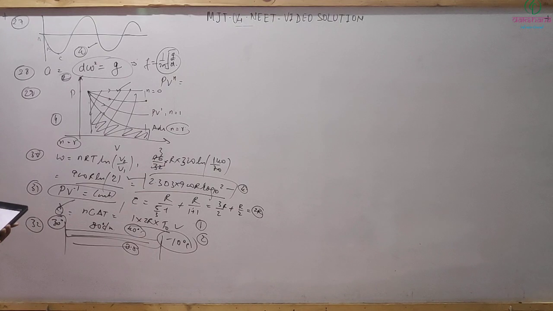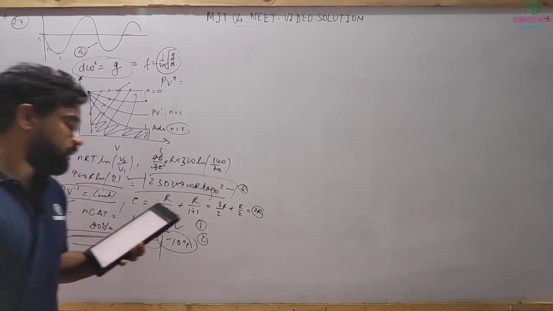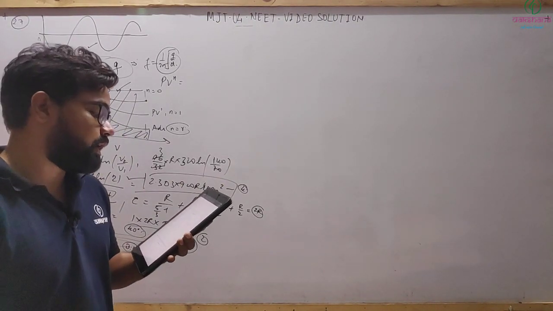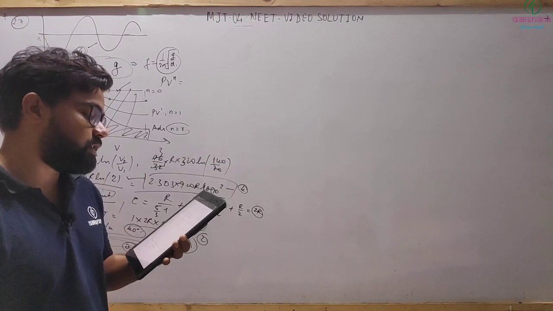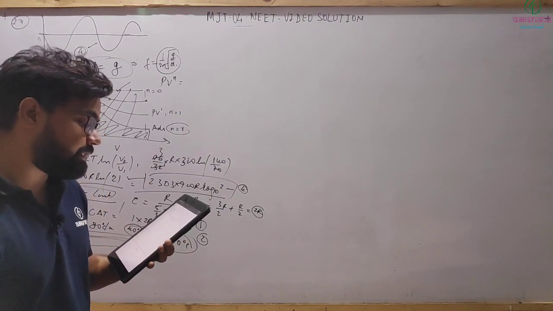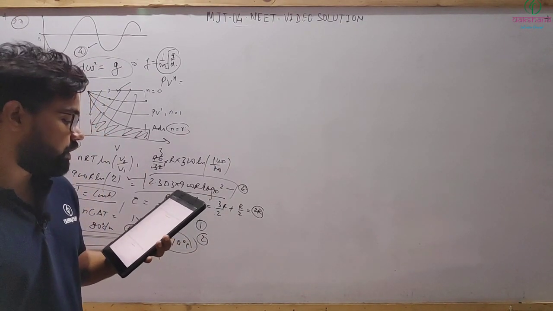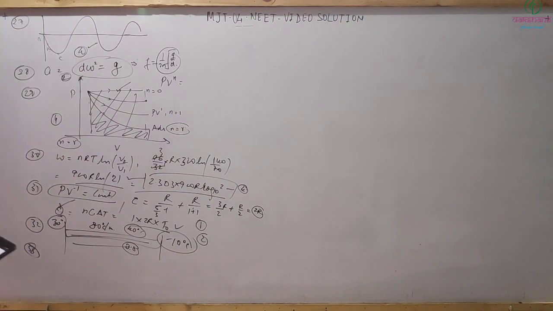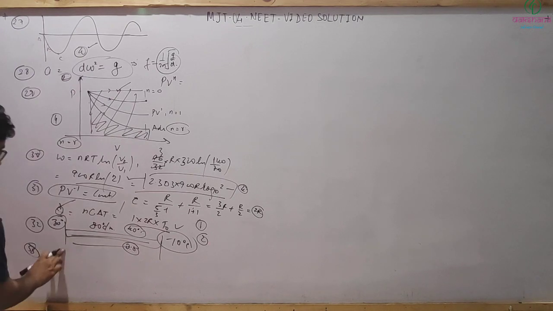Question number 33. The same amount of liquid with specific heat 0.8 calorie per gram per degree Celsius at 60 degrees Celsius, and liquid with specific heat 0.7 calorie per gram per degree Celsius at 45 degrees Celsius are mixed. Then the temperature of the mixture will be? Heat released by the hotter liquid is equal to heat absorbed by the cooler liquid.